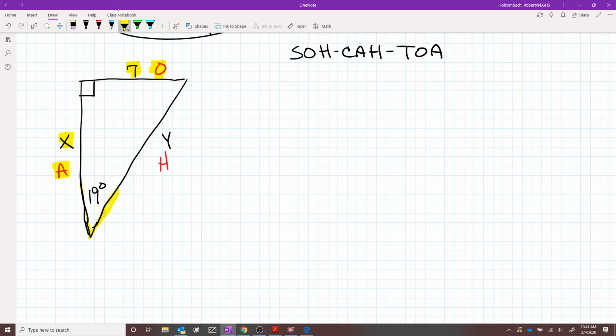Tan, or TOA, yes. So you have to use this ratio. You got to use your 19, your x, and your 7. So you use the TOA acronym that tangent equals opposite over adjacent. So tan of 19 equals the opposite side, which is 7, over the adjacent side, which is x.